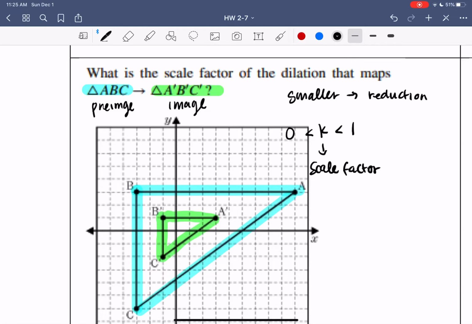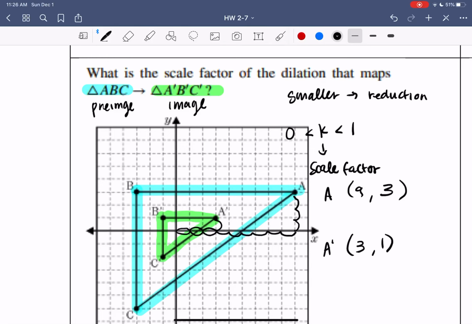So in order to find that, I'm going to find a point, A and A prime. So 1, 2, 3, 4, 5, 6, 7, 8, 9 on our X, and 1, 2, 3 on our Y. A prime is 1, 2, 3, and 1.